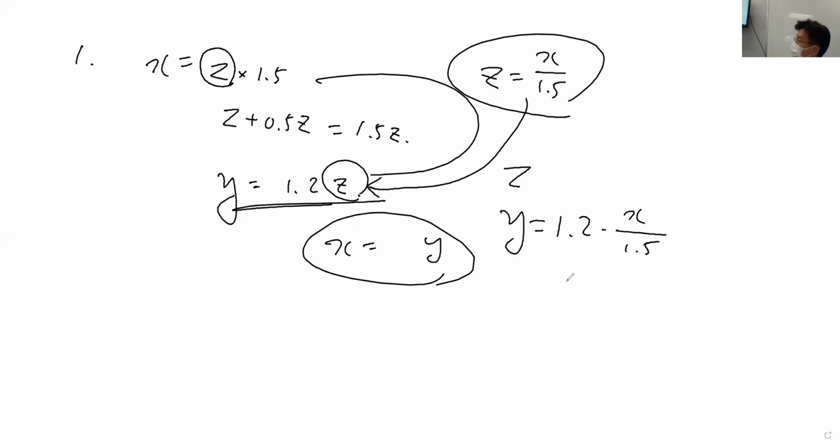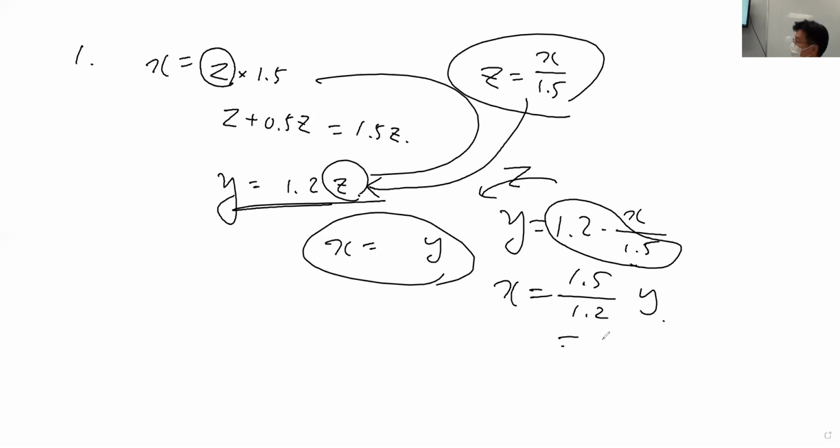But whatever the question is asking you is x, so you have to change to x equals, right? So we move this one to the other side, flip it over, and it becomes 1.25y, so 25%. So this is one way, the proper way, you can do it.